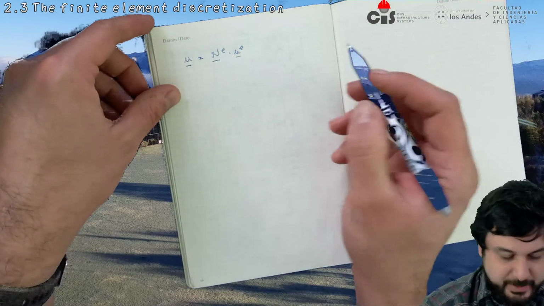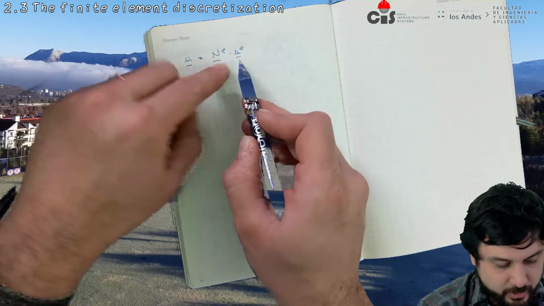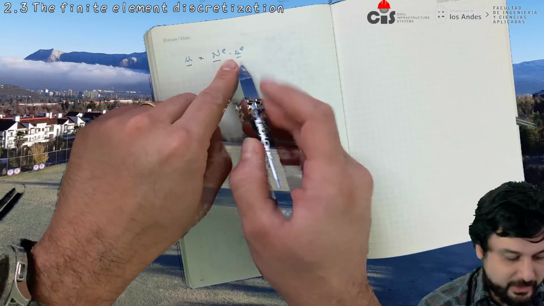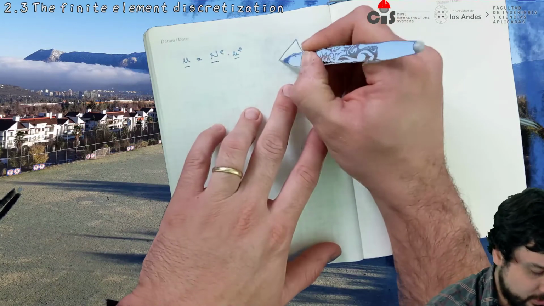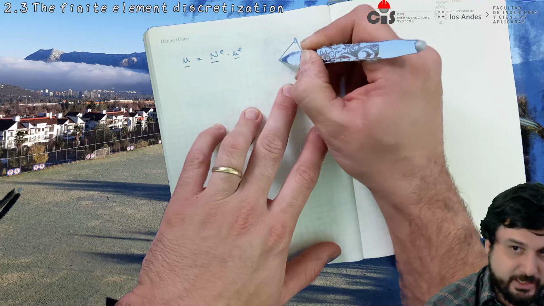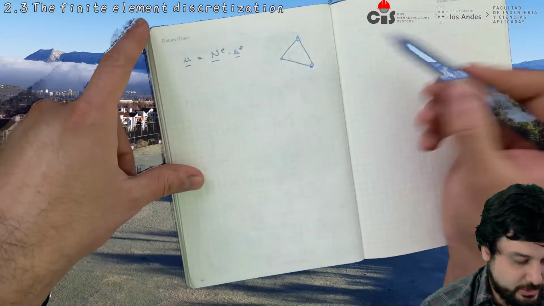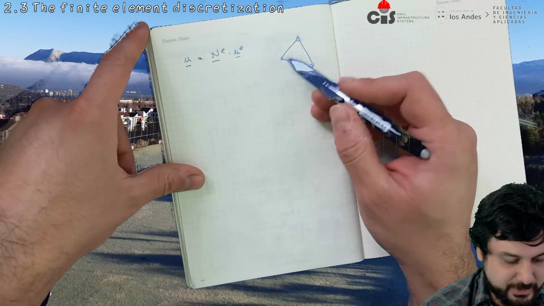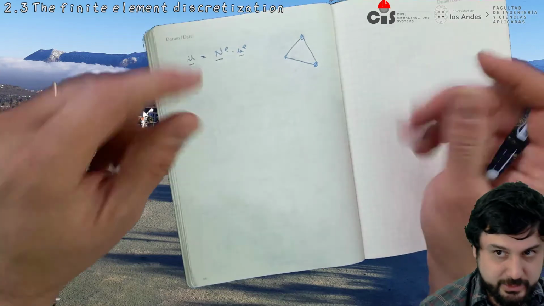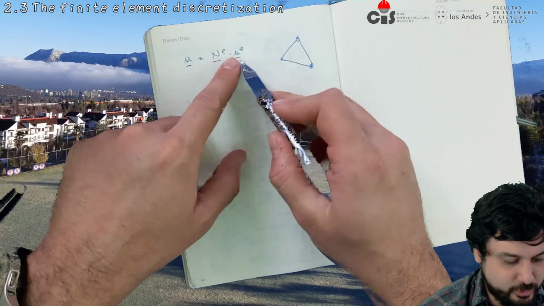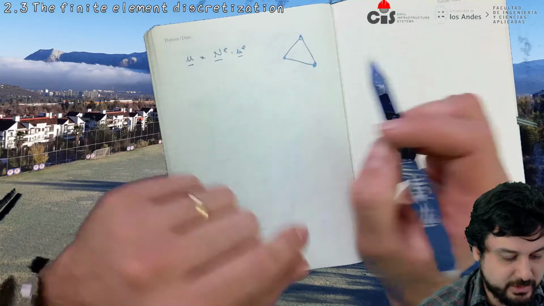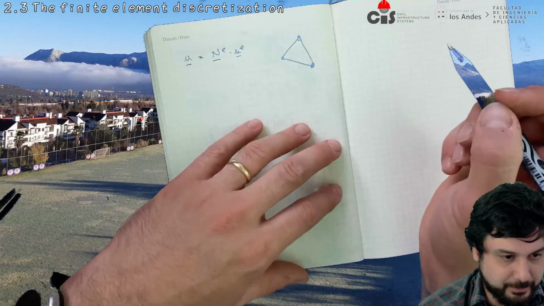Okay, this means all I know are the degrees of freedom at the element nodes. So all I know is how these nodes at the edges displace. So if I'm going to do a virtual displacement of this element, all I need to do is tweak the positions of these degrees of freedom.